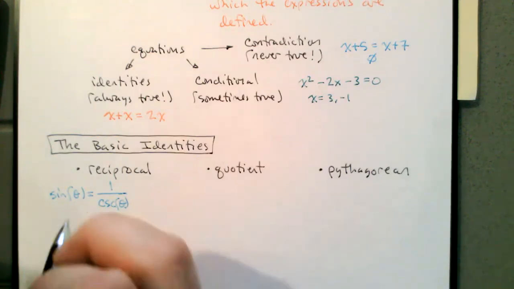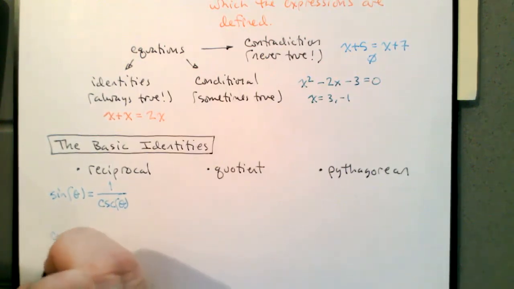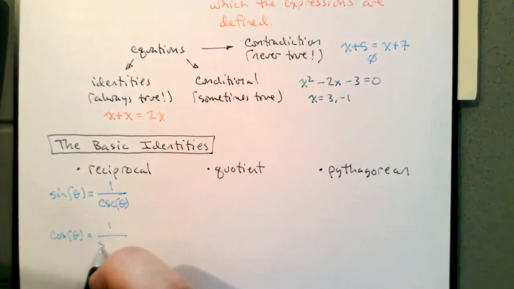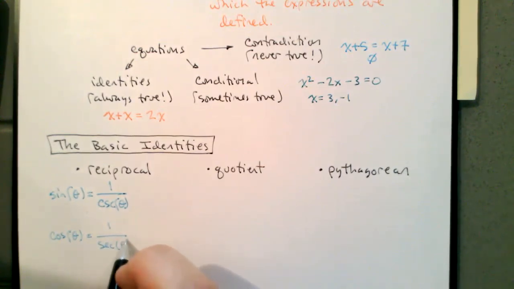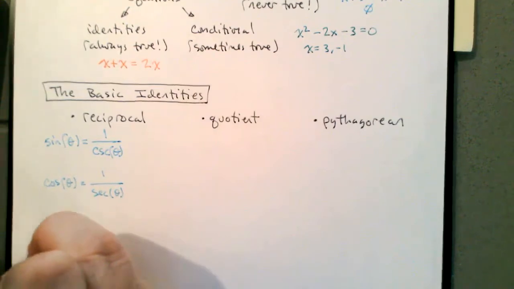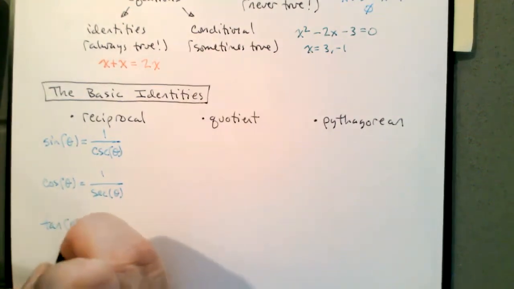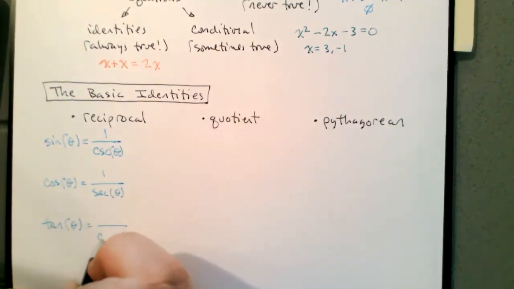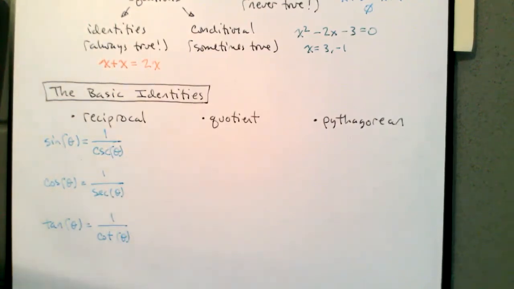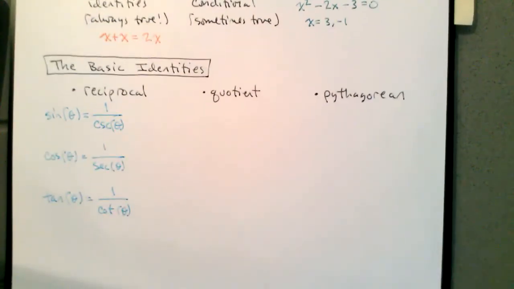Also, cosine of theta is 1 over the secant of theta. This is usually just how we define secant and cosecant as the reciprocals of cosine and sine. And tangent of theta is 1 over cotangent theta. This is usually how we introduce secant, cosecant, and cotangent.